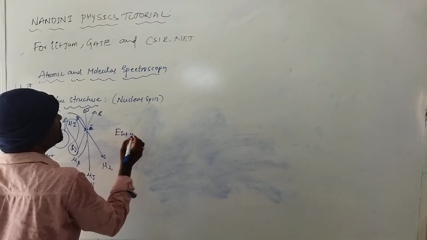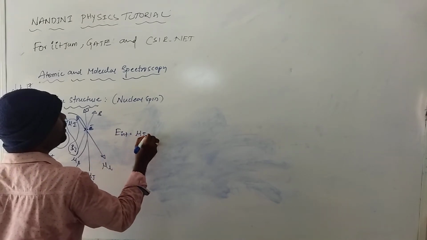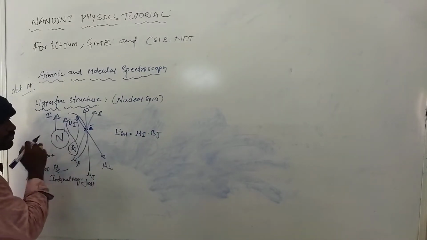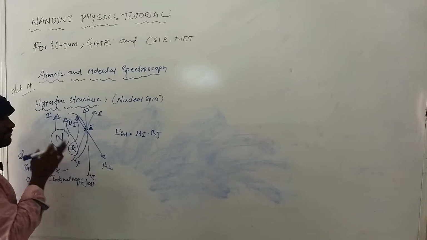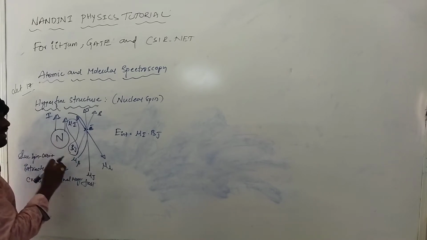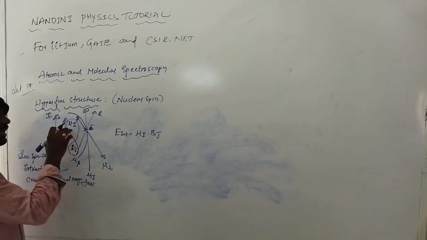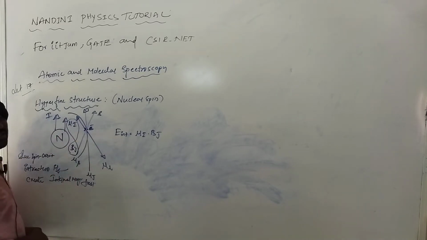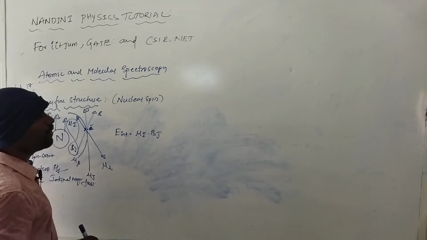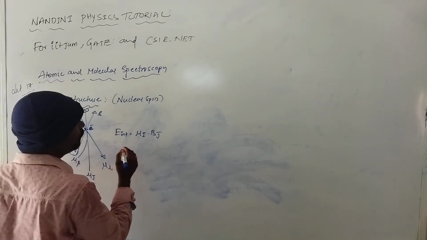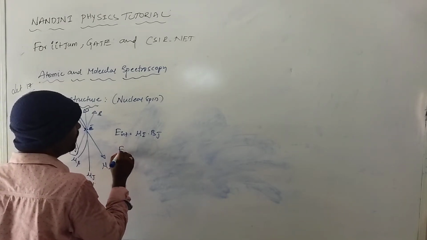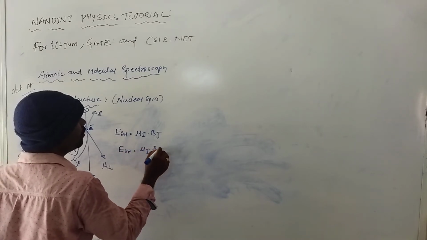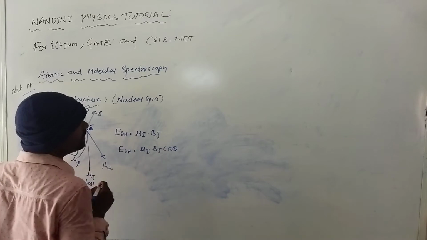This interaction energy is nothing but mu I dot Bj, where Bj is the magnetic field due to spin orbit interaction. Therefore you can write this interaction energy is equal to mu I Bj cos theta, because it is a dot product.